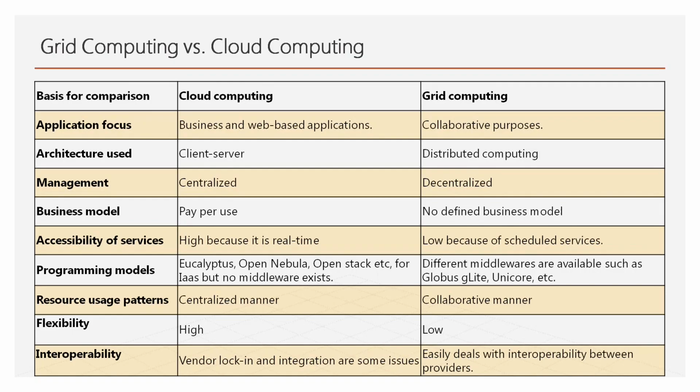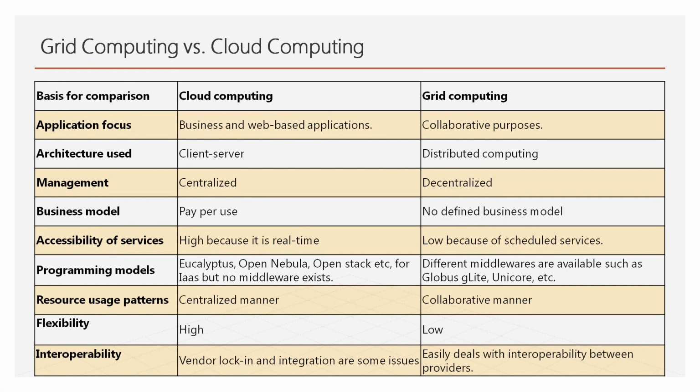Management is centralized in cloud computing, while in grid computing it is decentralized. Business model, as we have already discussed, is pay per use, while in grid computing no defined business model exists.